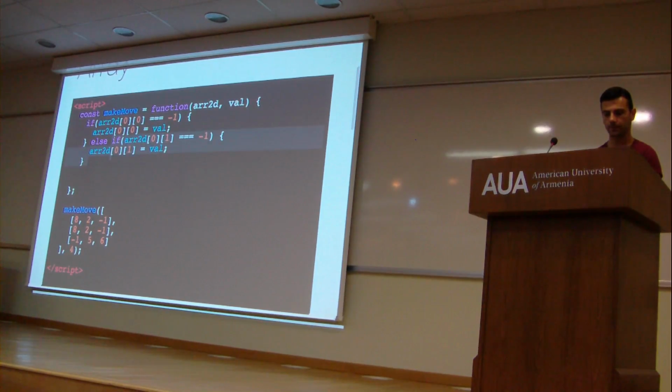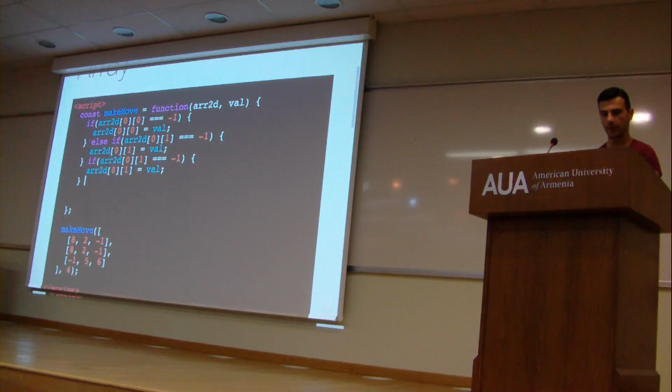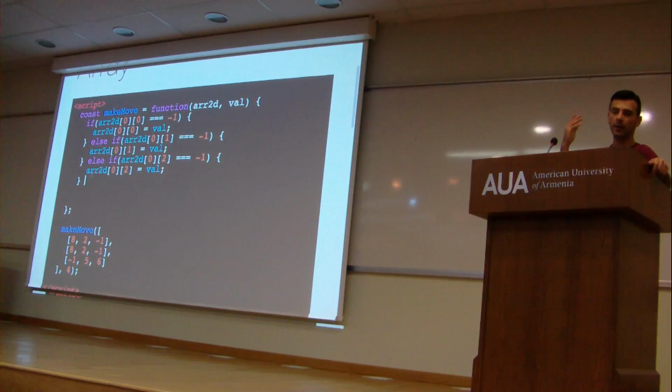Copy this. Paste it there. 0, 2, 0, 2. And then, oh, sorry, else, yes, sorry. There. And then you keep doing another 3 more else ifs for 1, 0, 1, 1, 1, 2. Then you do another 3 for 2, 0, 2, 1, 2, 2. And you're done.